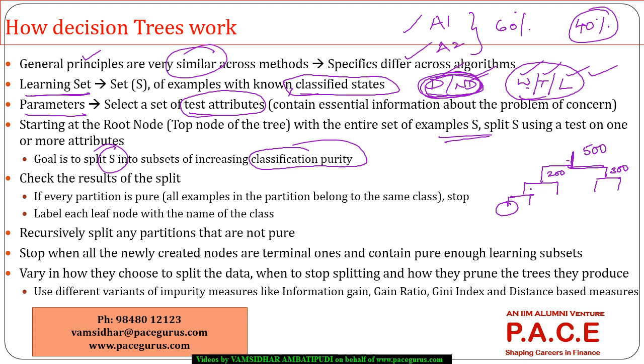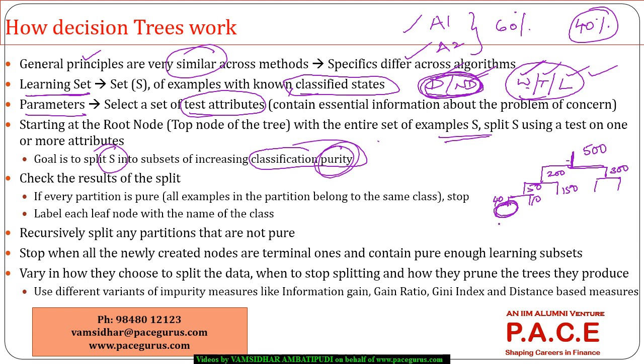On this 200, another rule is applied, making it 50 here and 150 here. And here another rule is applied, making it 40 and 10. And if all 40 of them belong to one single class, win or loss, no issues at all, then we call it highly pure.